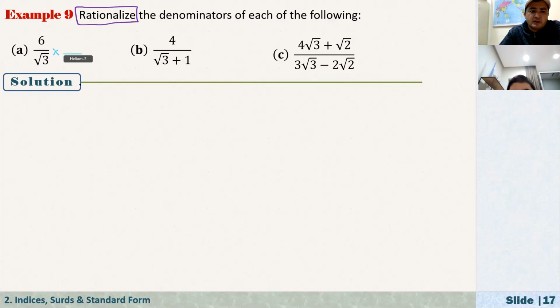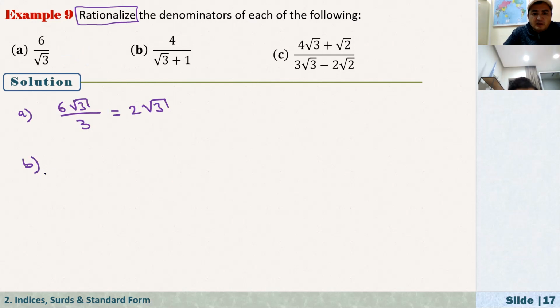No surd, right? So we should multiply the first one by negative 3 over negative 3. We call this its conjugate. So what is it? 6 times negative 3. Negative 3 times negative 3 is 3. So that's equal to 2 times negative 3. And how about B?